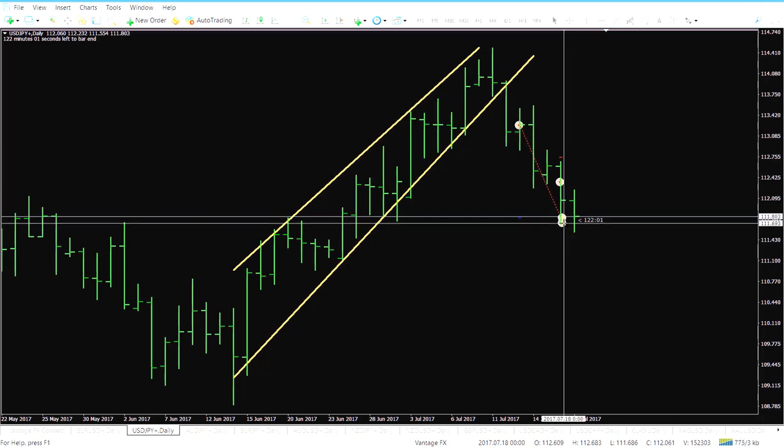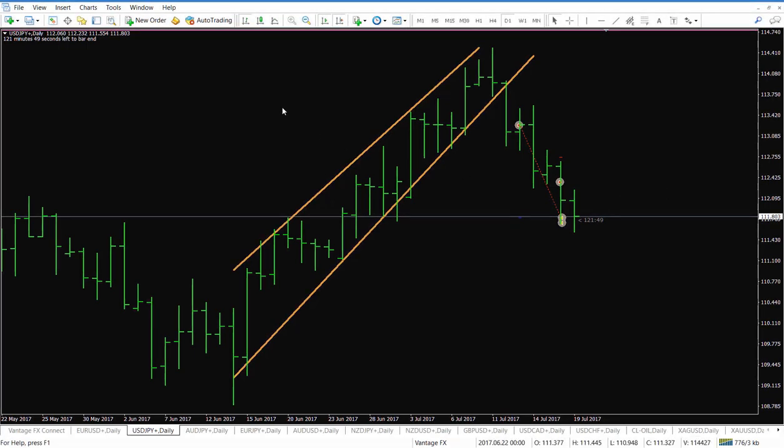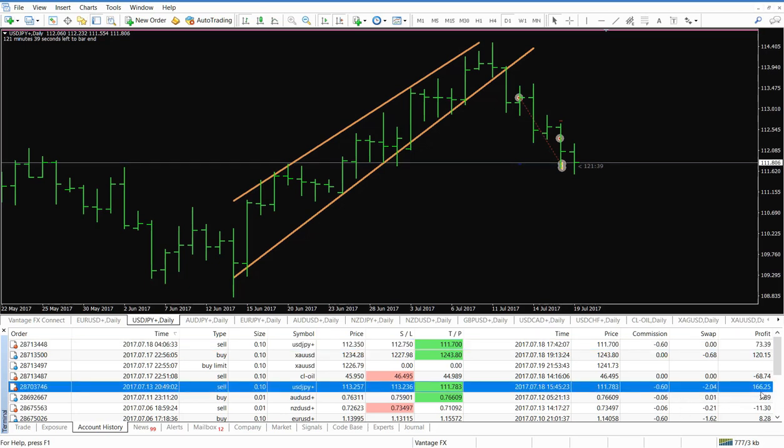$74 down here. So we had two positions in USDJPY, one about 4 or 5 days ago, the other one about yesterday. So we got it stopped out, and the two positions overall, $73 here, the other one $166 here.